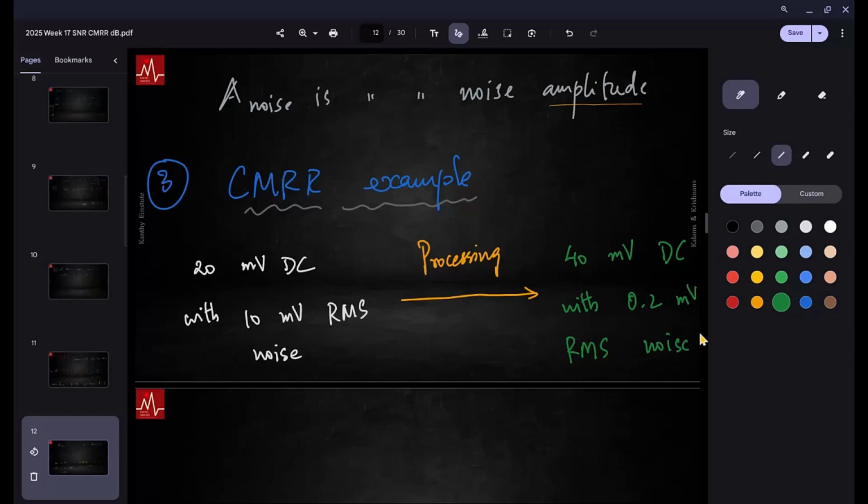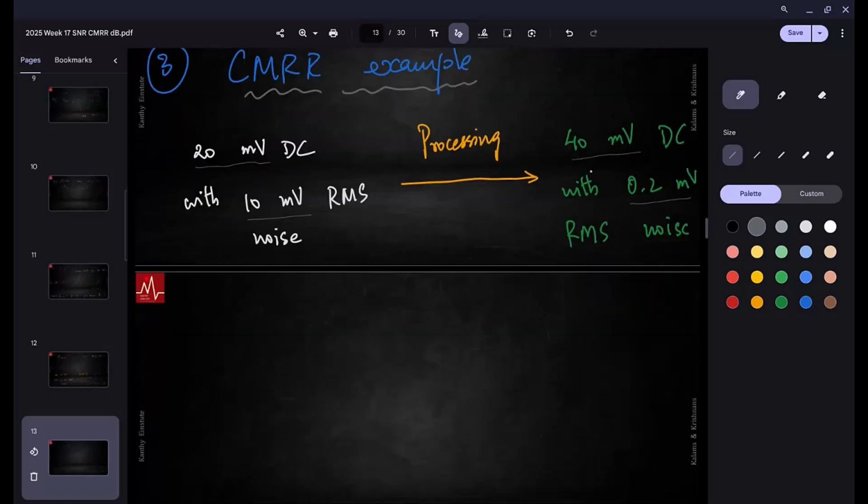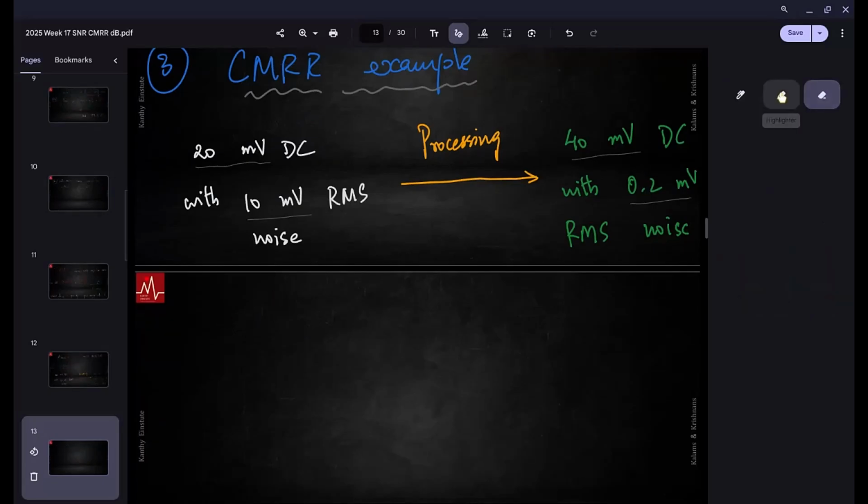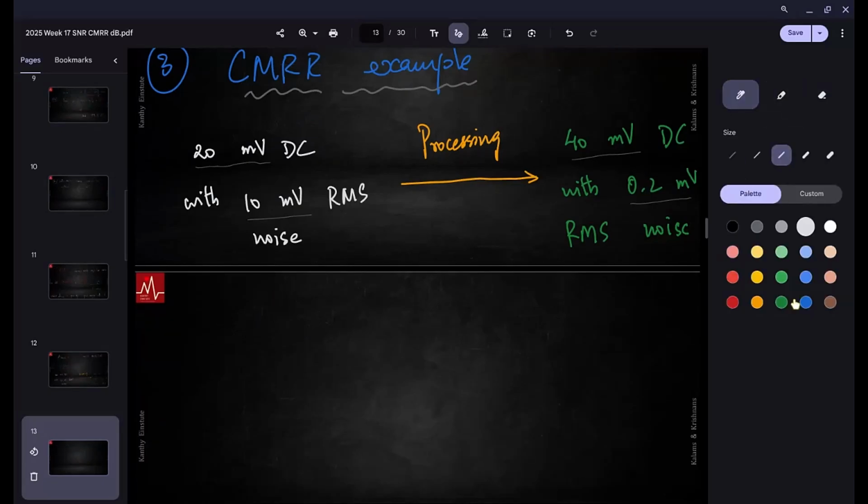Whatever processing you did, it affected signal, it also affected your noise, but it affected it differently. Okay, so calculate CMRR in dB for above processing.